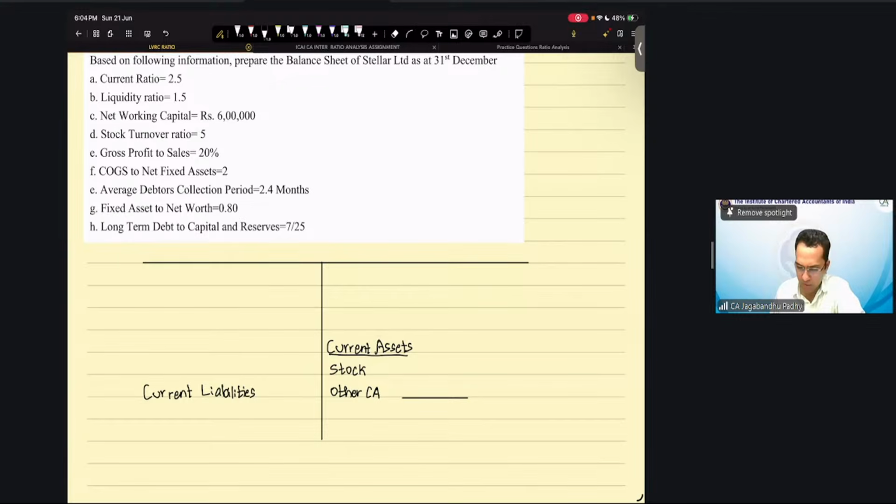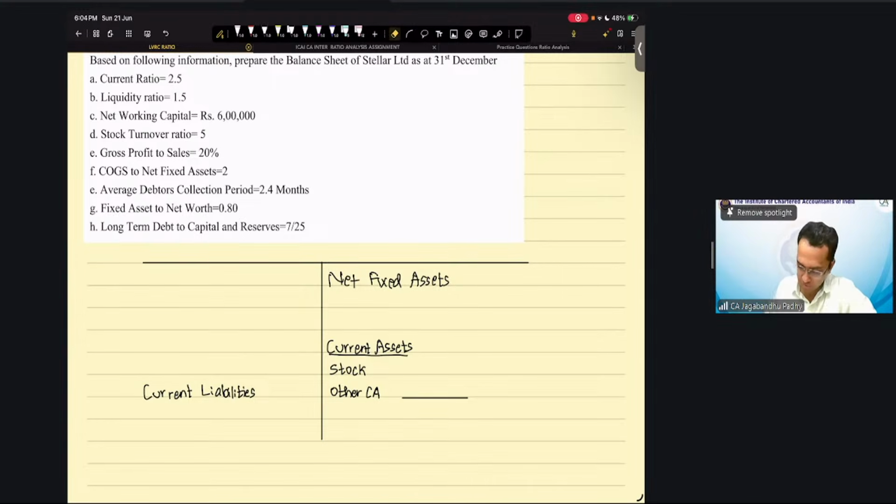Stock turnover ratio, gross profit to sales, and then you have the COGS to net fixed assets. So definitely we'll have the net fixed assets also to be computed. Average debtors collection period.